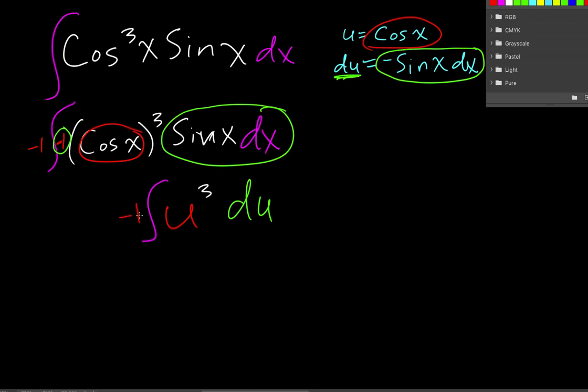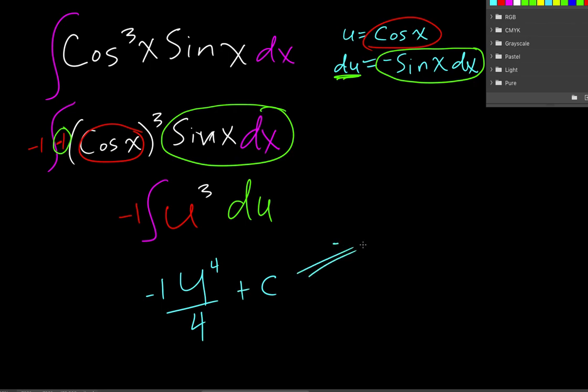Then I still have my 3, still have my integration sign, and I still have that -1 out in front. Okay? Now I just go through the integration on this. And so I get u to the 4th divided by 4, and then I still have that -1 and my plus c.